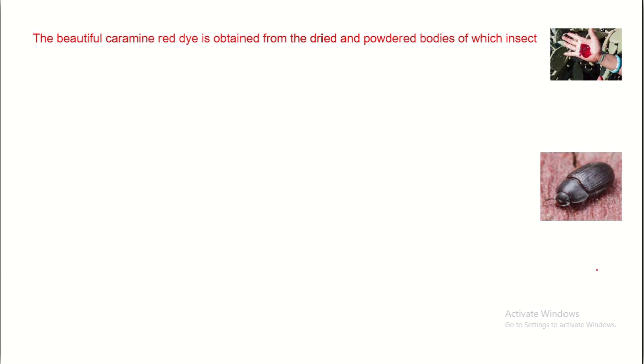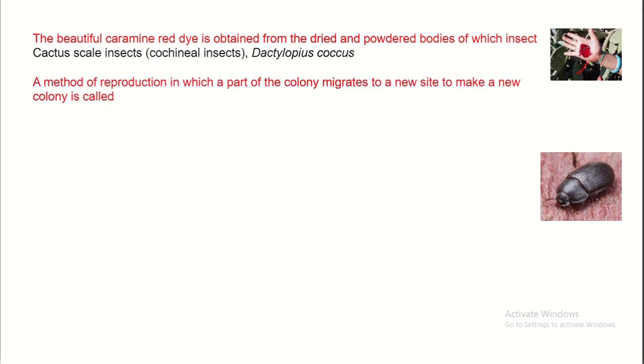The beautiful carmine red dye is obtained from the dried and powdered body of which insect? That is cactus scale insect, Dactylopius coccus. A method of reproduction in which a part of the colony migrates to a new site to make a new colony is known as swarming.